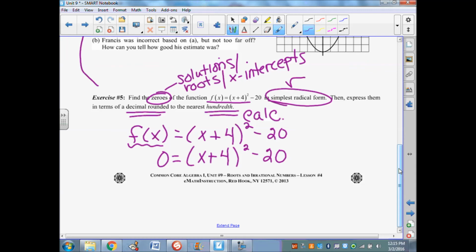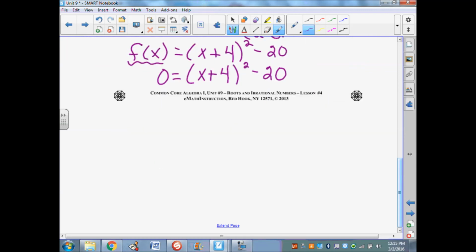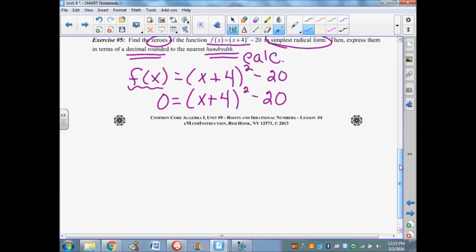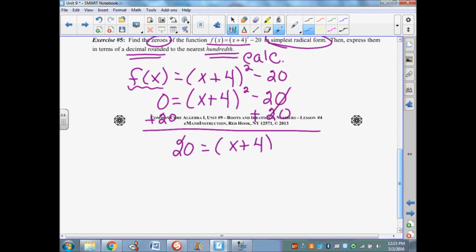So again, if I want to isolate that x, I'm going to have to do the reverse of PEMDAS, so I'm going to add 20 to both sides. Undo that squaring. So I've got a plus or minus the square root of 20, and this is just written sort of in reverse order to what we're used to, but that's all right.